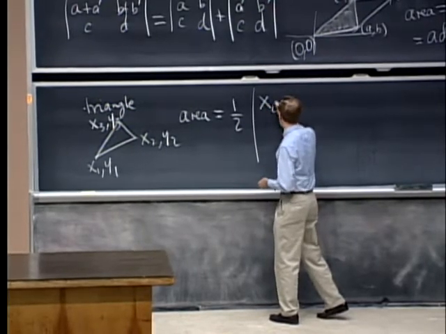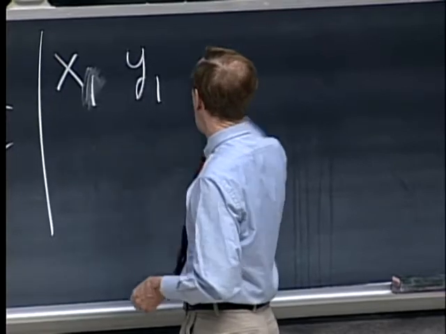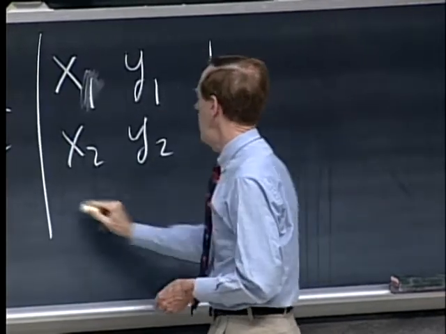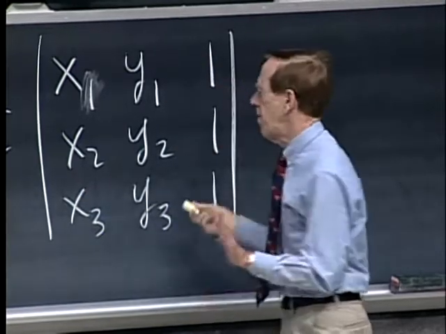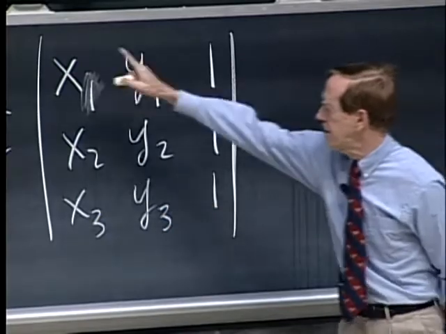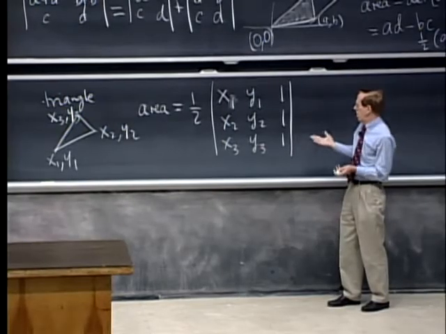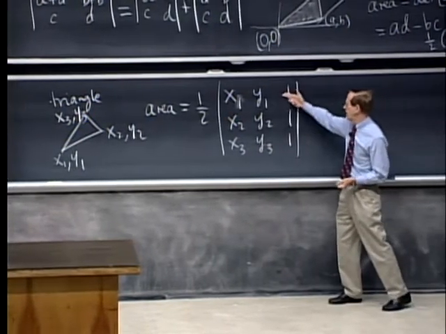It turns out that if you do this, x1, y1, and a 1, x2, y2, and a 1, x3, y3, and a 1, that works. That's the determinant symbol, of course. If I gave you that determinant to find, you might subtract this row from this.